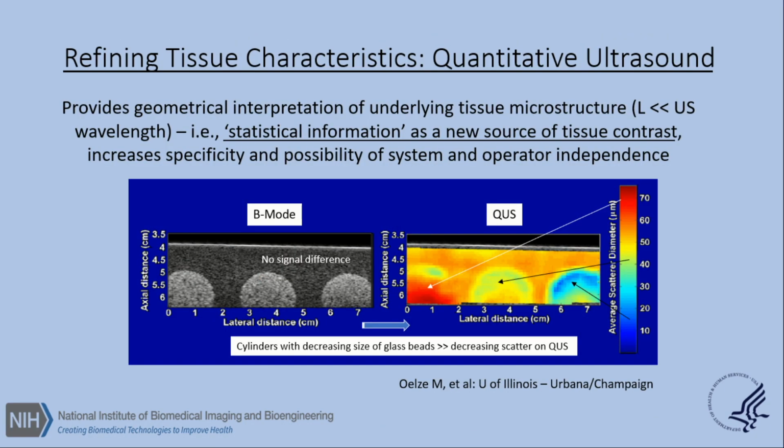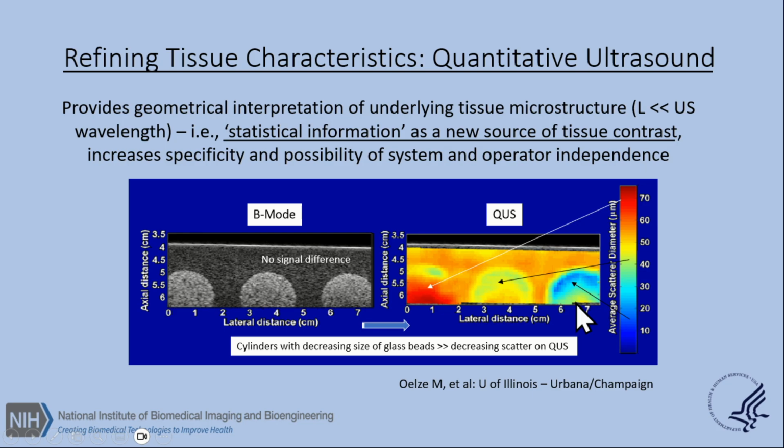This is another ultrasound. You know, it's just everywhere these days, right? The one thing that it hasn't been able to do is tell us too much about the finer texture. So here, what they call a quantitative ultrasound is really statistical information on the texture that you see. So here, going from here to here, decreasing size of glass beads.